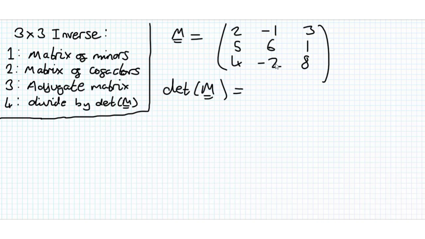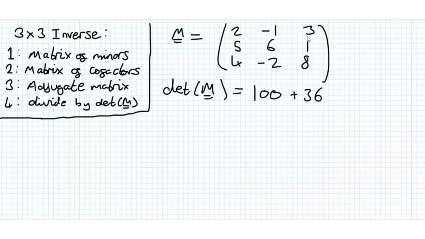6 times 8 minus 2 times 1, so that gives us 2 times 50, which is 100. And then we have, well, minus 1, but that's plus 1 times, crossing these out, we get 5 times 8, that's 40, minus 4, that's 36, so we add that on.